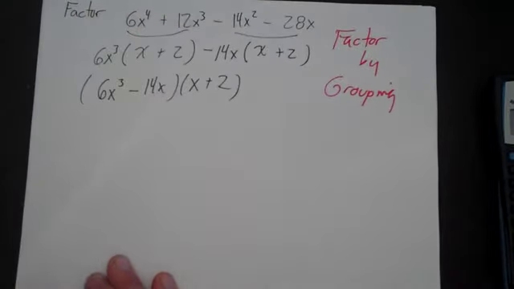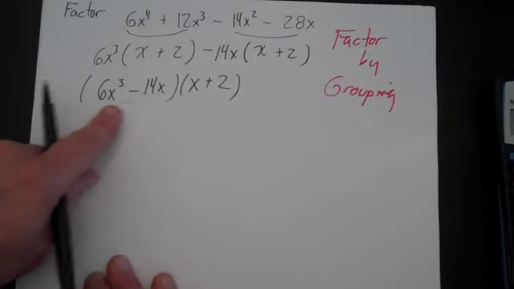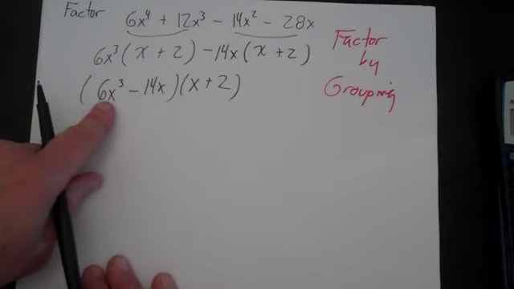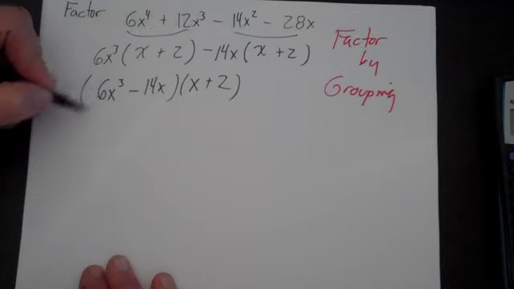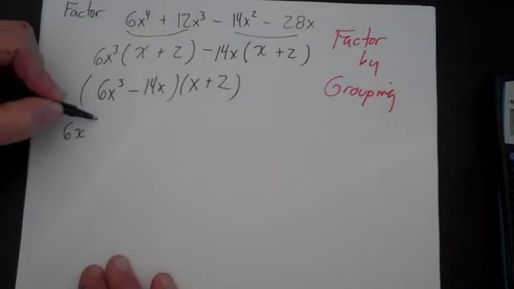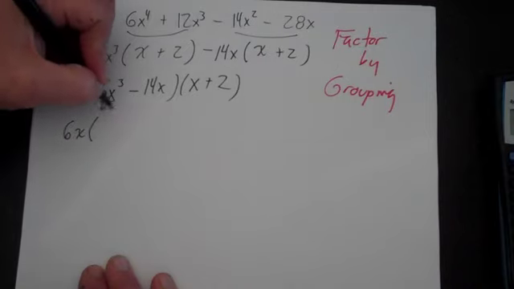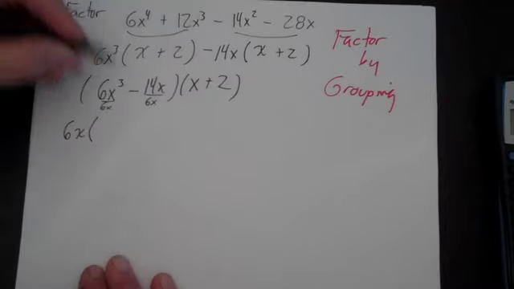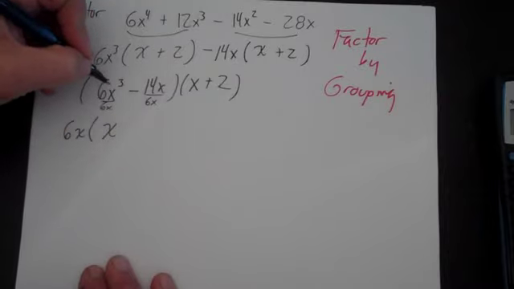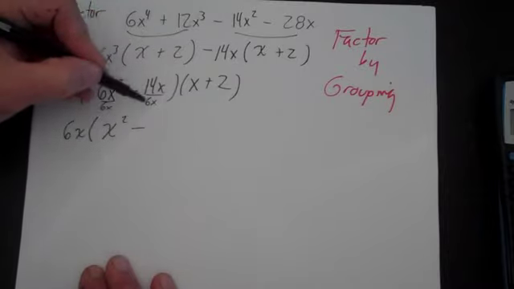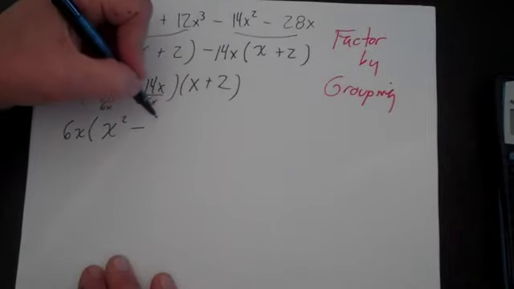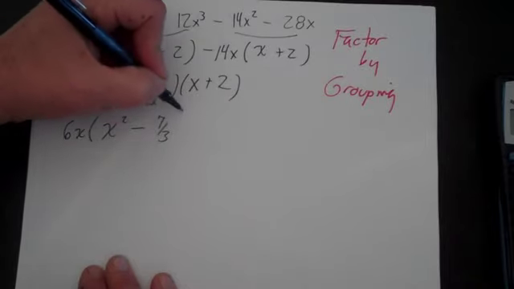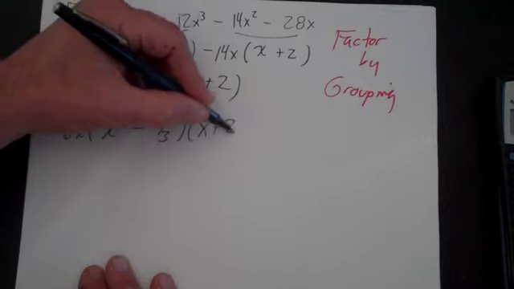Now, at this stage, what you're going to do is you can factor this one. See how it has an x in both of them? I'm actually going to take a 6x out, divide this by 6x and this by 6x, and then I get x squared minus 14 over 6, which is 7 over 3, times x plus 2.